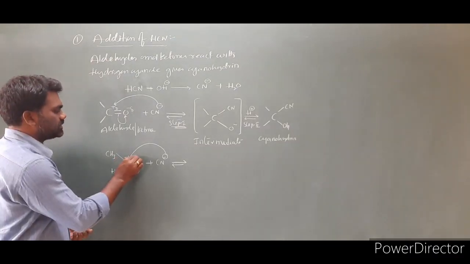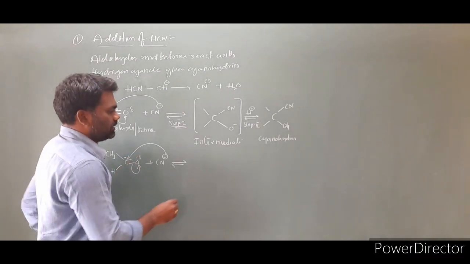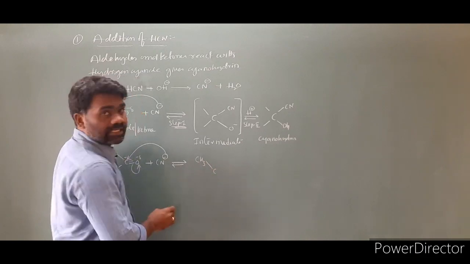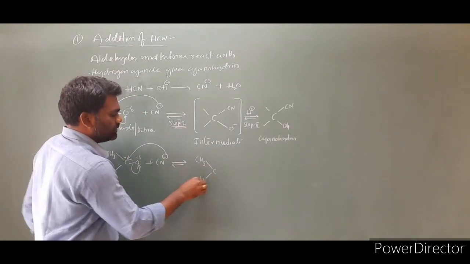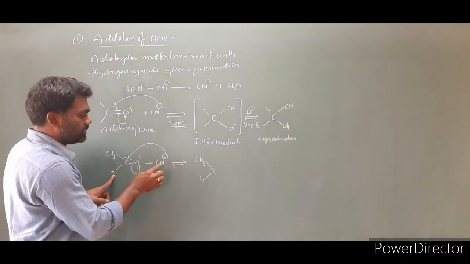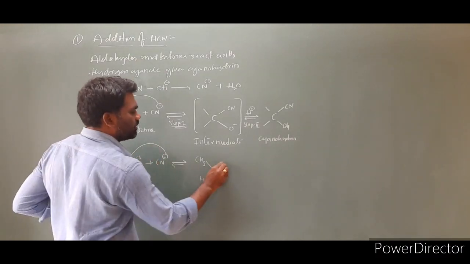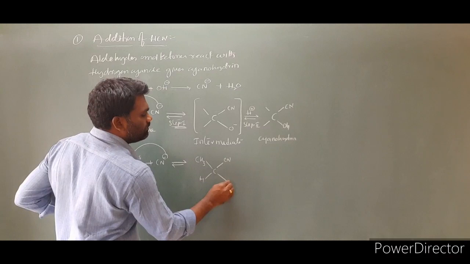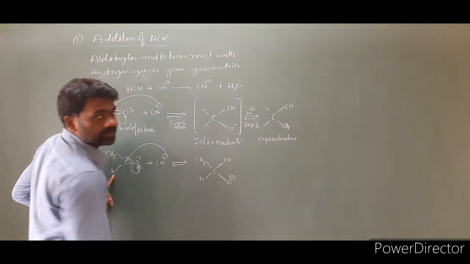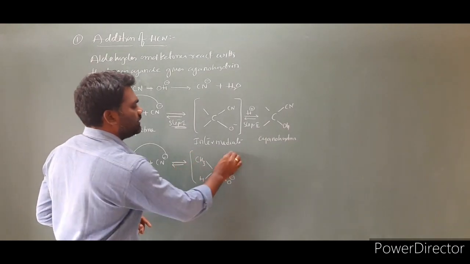This is partially positive, this is partially negative. Then what is the product? CH3, CH, the cyanide CN minus attached to this carbon, CN, and this O will be O minus, as this bond moves here. This is an intermediate.